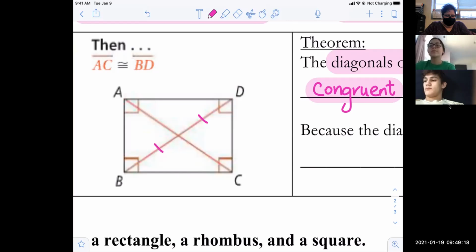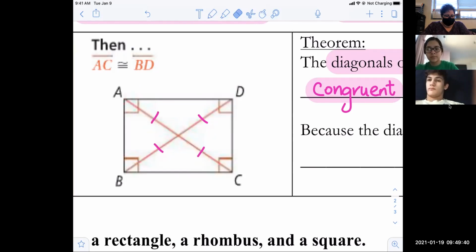So if this was 10, how long are these little pieces? And then if this is 10, what is this? Also 10, which means that those guys will also get one little hash mark there.